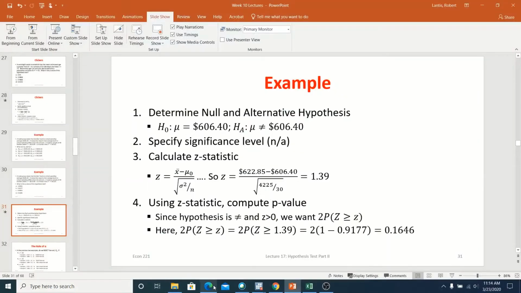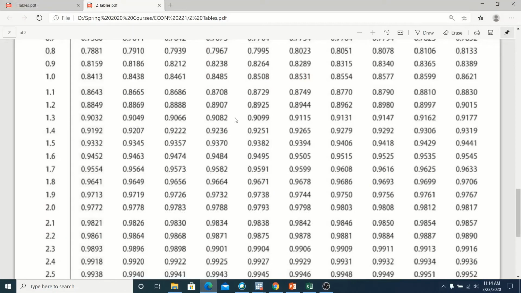If I look up 1.39, 1.3 all the way over, I get 0.9177.